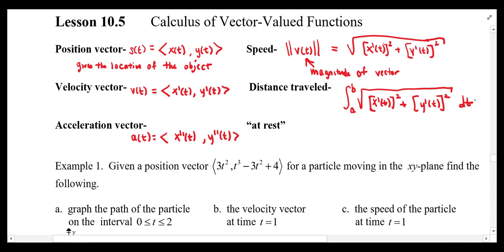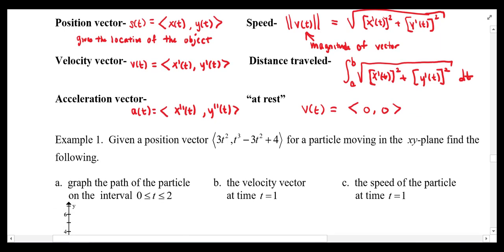And then the last thing I need to show you is when I say at rest, that means the velocity has to be equal to, you got it, 0. And notice in component or vector form, we need both components, the x and the y, to be equal to 0. Okay? So 2 examples today, and then guess what? We're done the course. Woohoo!